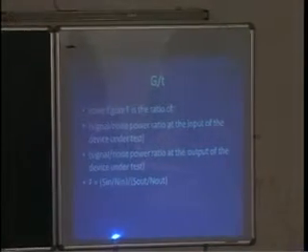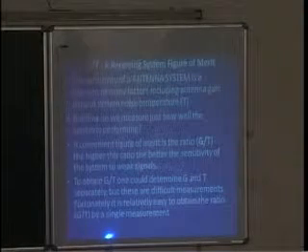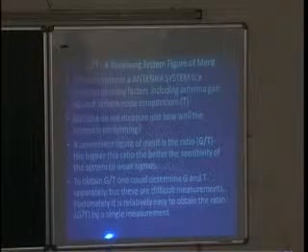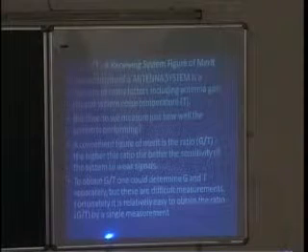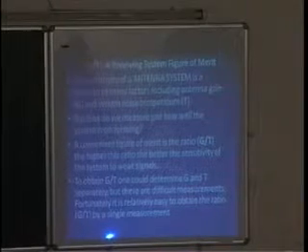But when we are measuring the G by T of a ground terminal or a ground system, depending upon where it is located, we have to see how to measure the G by T. Then again what we do is we take the antenna and point it to a noise source which we know.